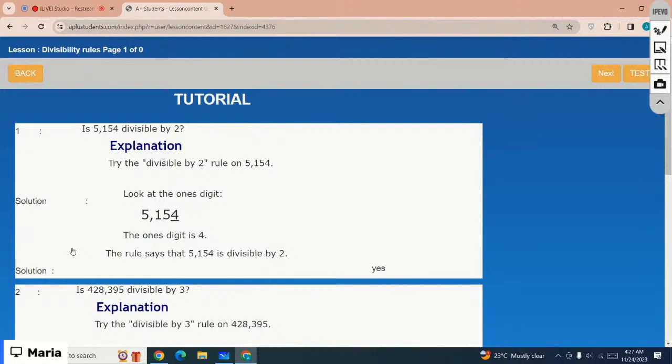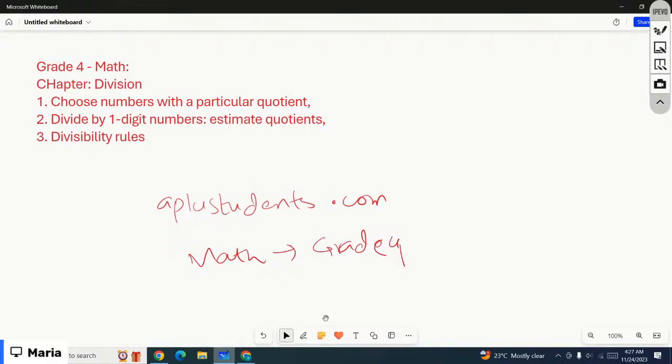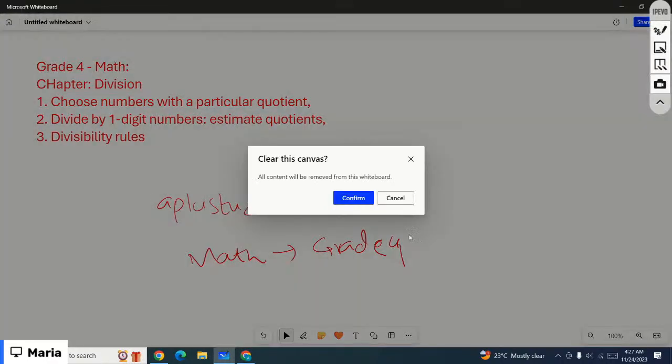You have to see if 5154 is divisible by 2, yes or no, right? Okay, the divisibility rule for 2 is that the last digit must be even. You can note down the divisibility rules. The divisibility rule for 2 is if the last digit is even.